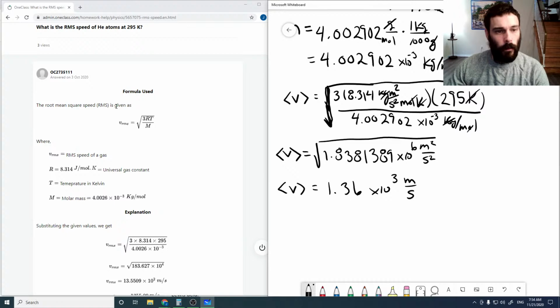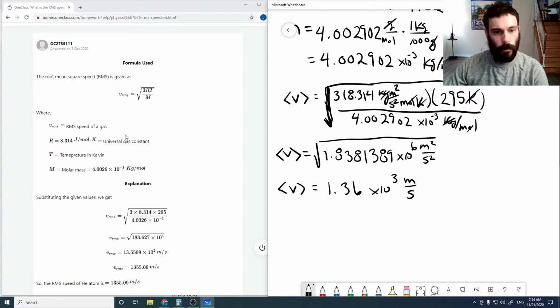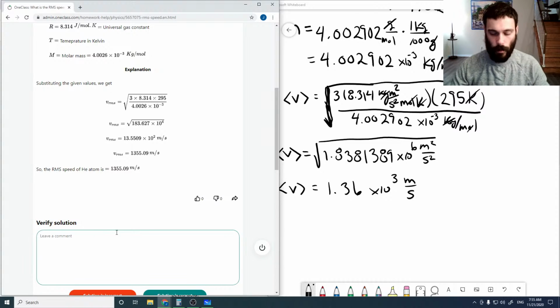And if we go through the solution here, again, using everything in kilograms, doing the math, 1355, so rounded to 1.36, and so that looks good.